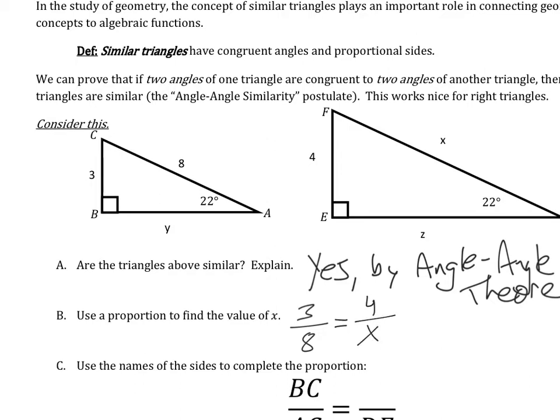Remember how to solve a proportion? Thinking way back, we can cross multiply. So if we cross multiply and rewrite, 3 times x equals 8 times 4. That shouldn't be too tough to solve.